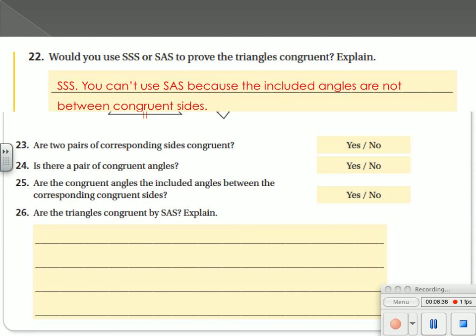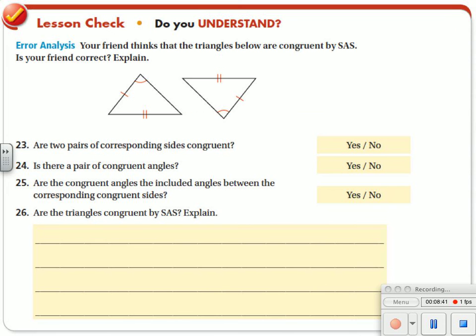So let's do our lesson check, make sure we understand what we're doing here. Your friend thinks that the triangles below are congruent by SAS. Is your friend correct? So are 2 pairs of corresponding sides congruent? Yes. Is there a pair of congruent angles? Yes.